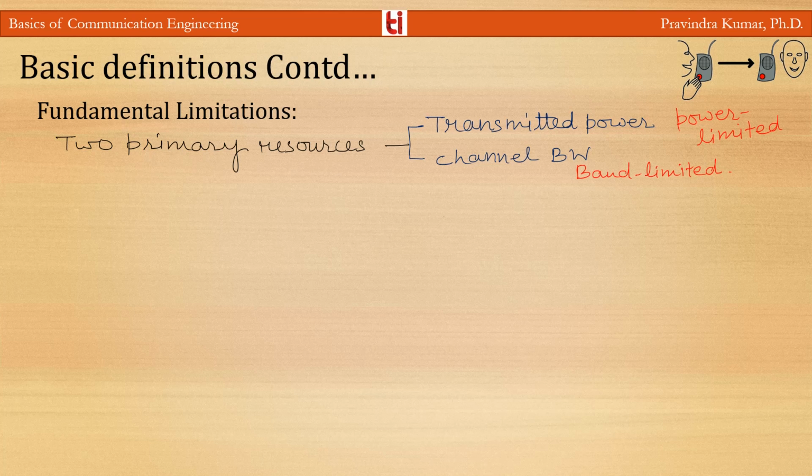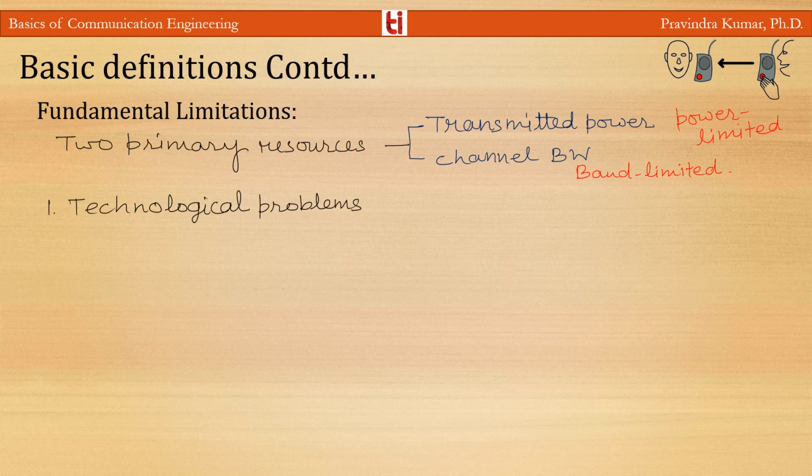Power limited because we cannot increase the signal energy or signal power beyond a certain limit because it may be harmful for humans. So the wireless channel is known as power limited. Also, there are two general kinds of constraints when designing a communication system.